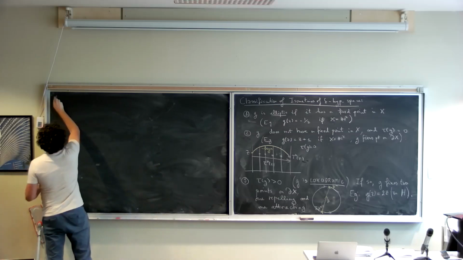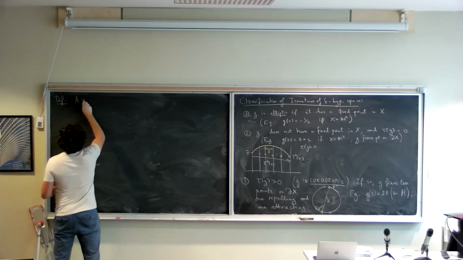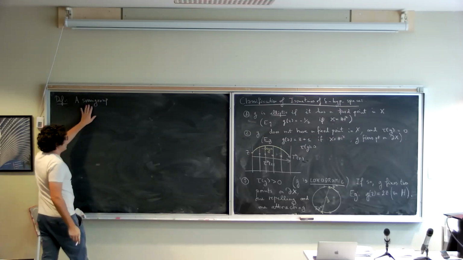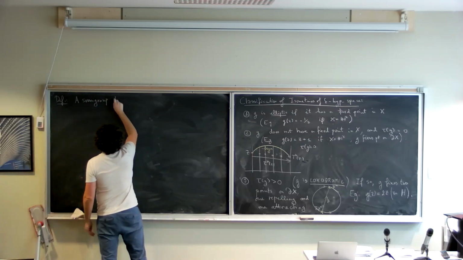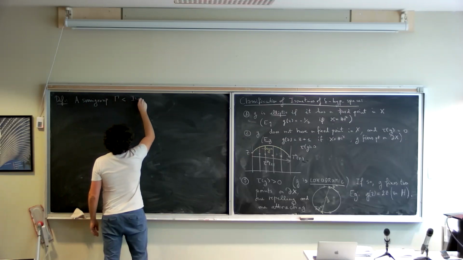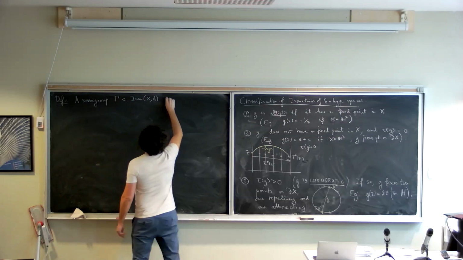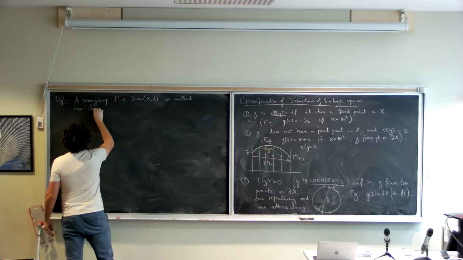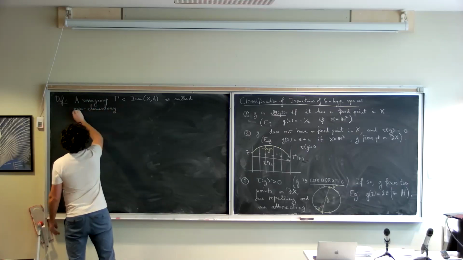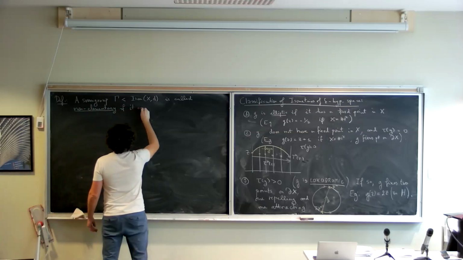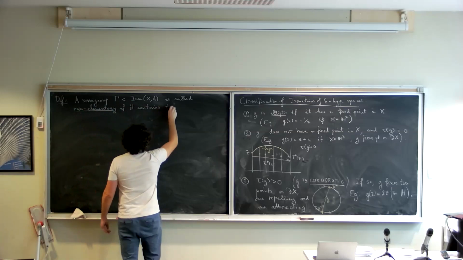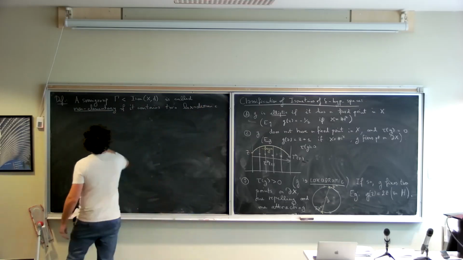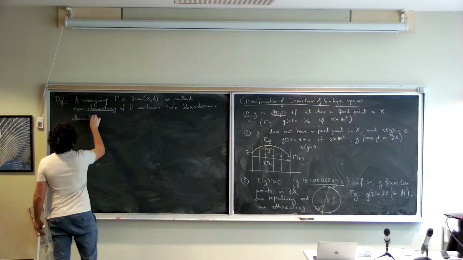So the definition: a semigroup, even the classification of semigroups is a bit trickier, but a semigroup gamma of the group of isometries is called non-elementary in this situation if it contains two loxodromic elements with disjoint fixed sets.